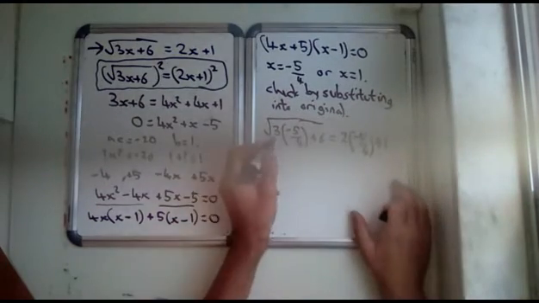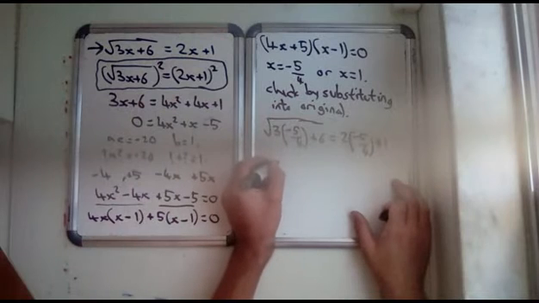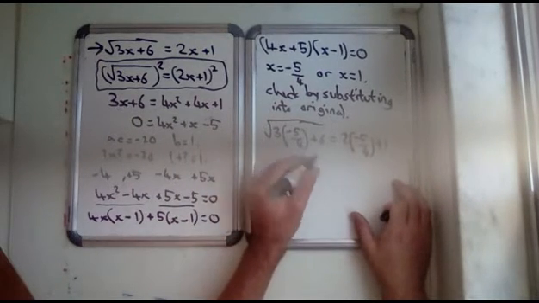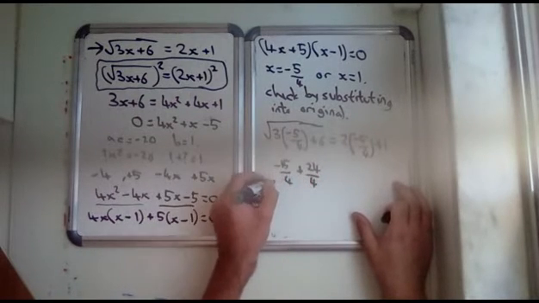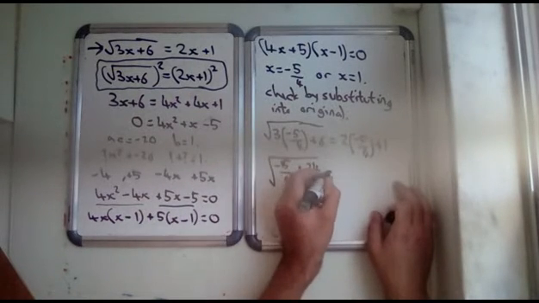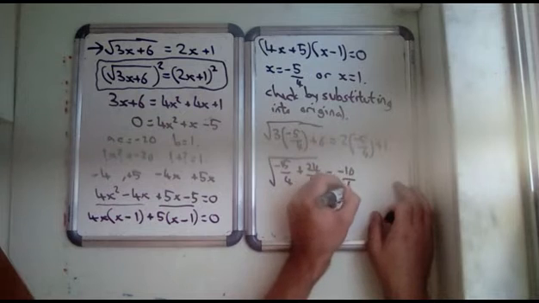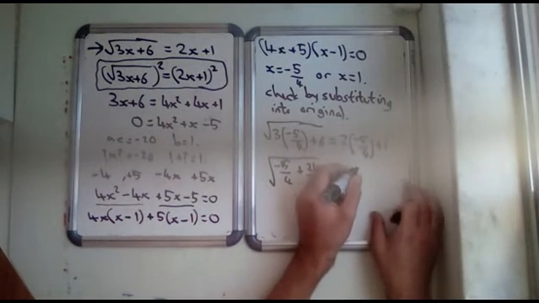So 3 times that is minus 15 over 4, plus 6, which is 24 over 4. Does the square root of that equal minus 10 over 4 plus 1, which is 4 over 4?